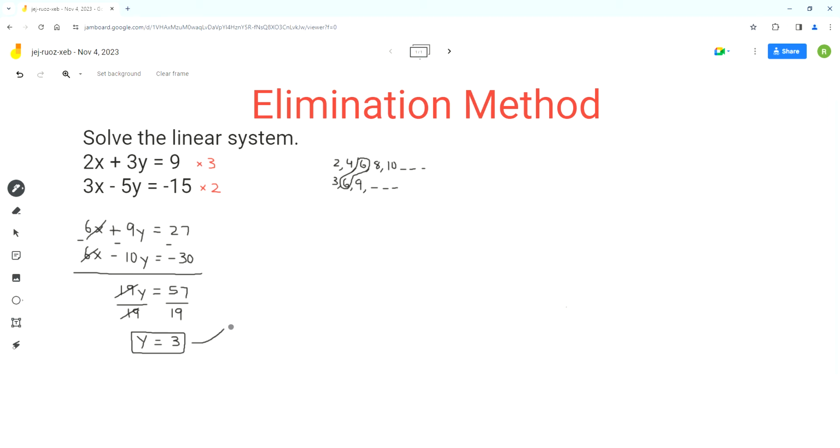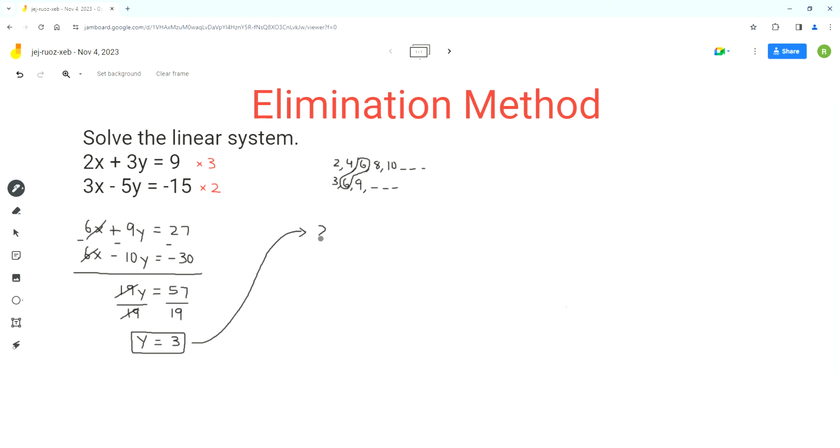Now we have to use this y value to find the x value. We can substitute y equals 3 into either of the two given equations to find the x value. Ideally we should use the equation with the smaller numbers because that will make the calculations easier, and that's the first equation in this case.